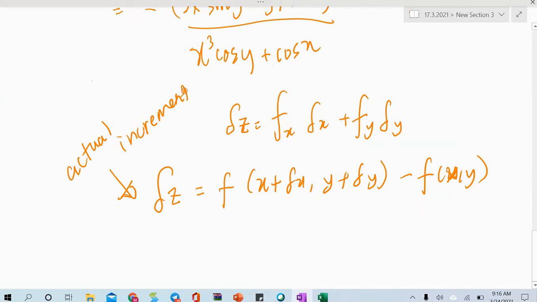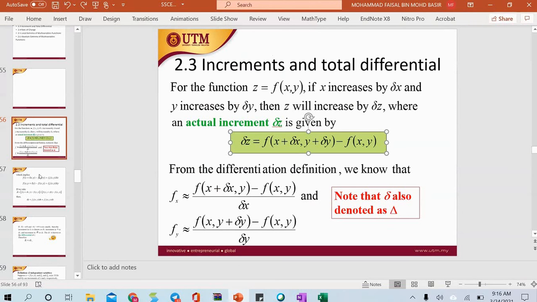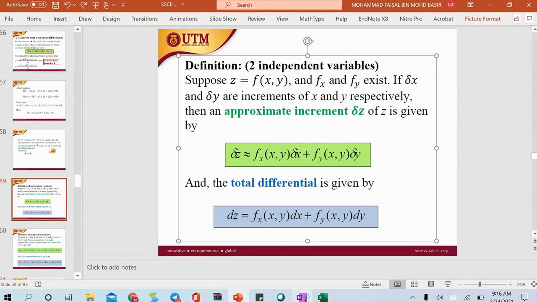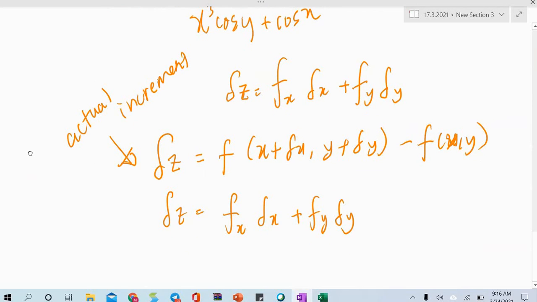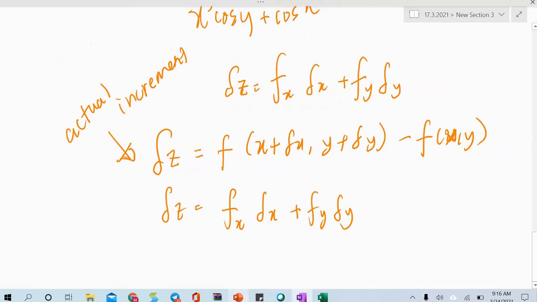Then what else? Formula, and then you have the approximate increment. This is the approximate increment or approximate change.